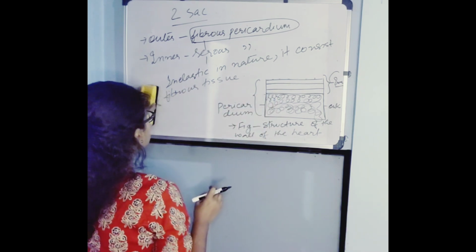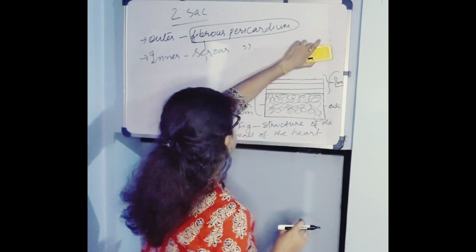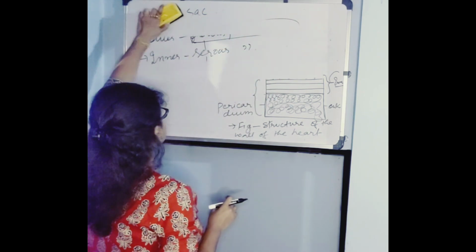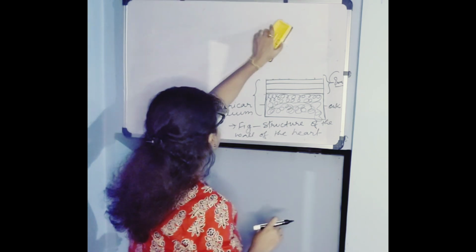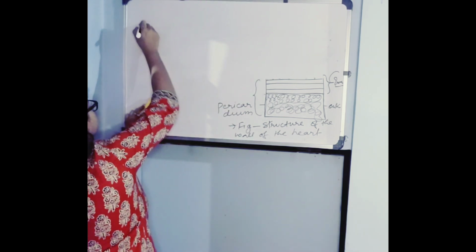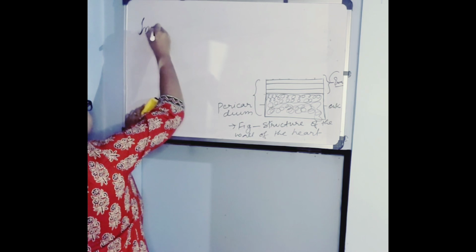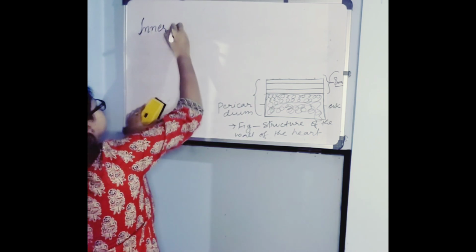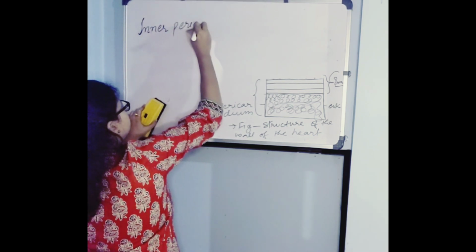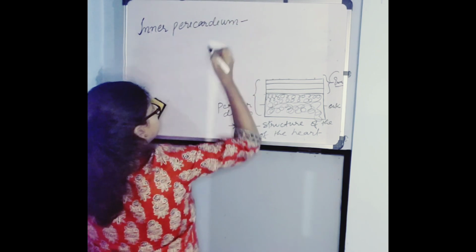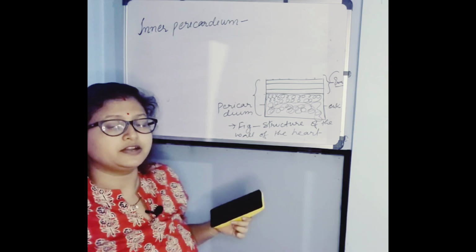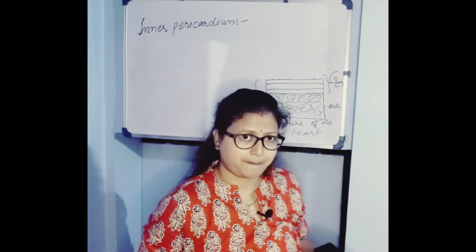Now let's come to the inner pericardium. This inner pericardium consists of a double layer of serous membrane.